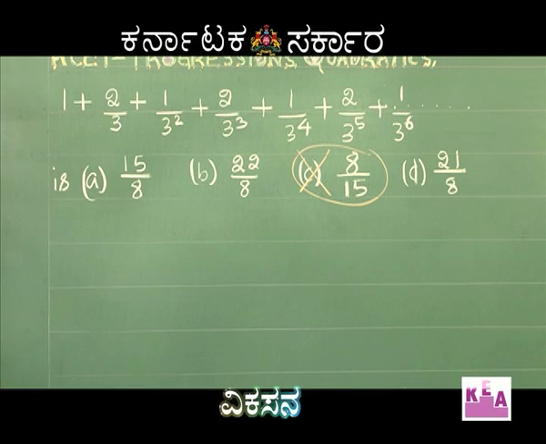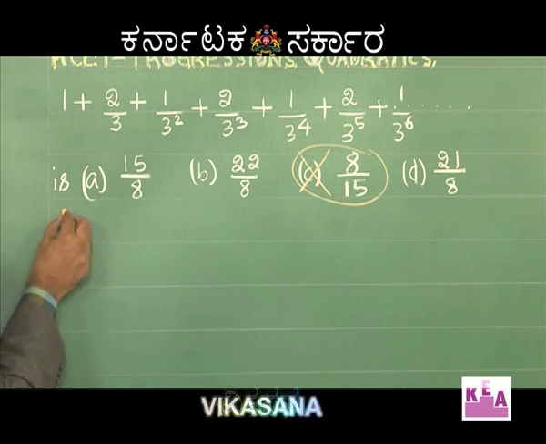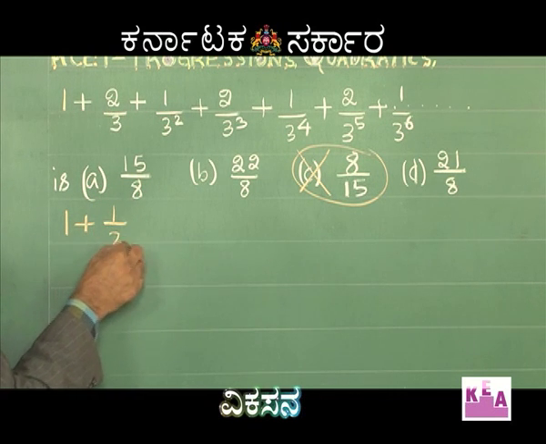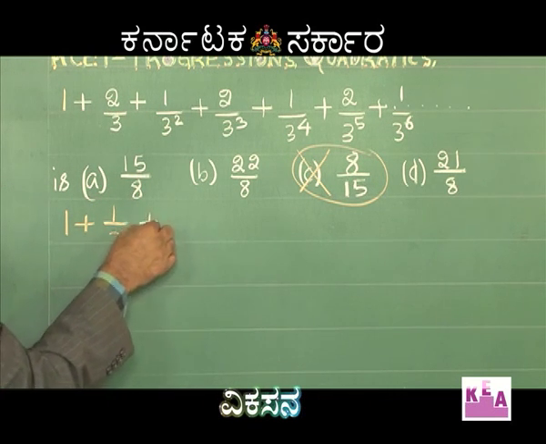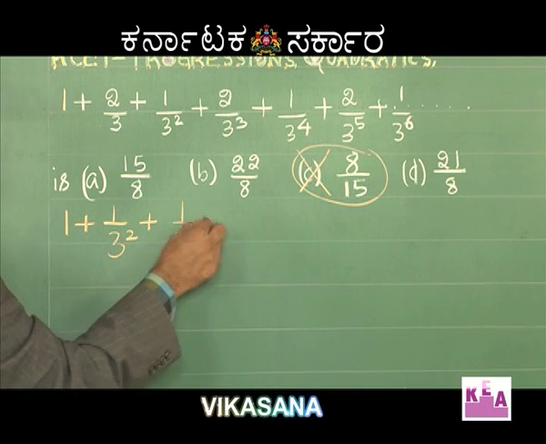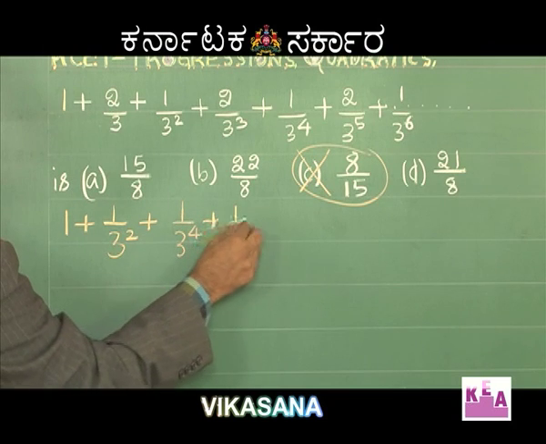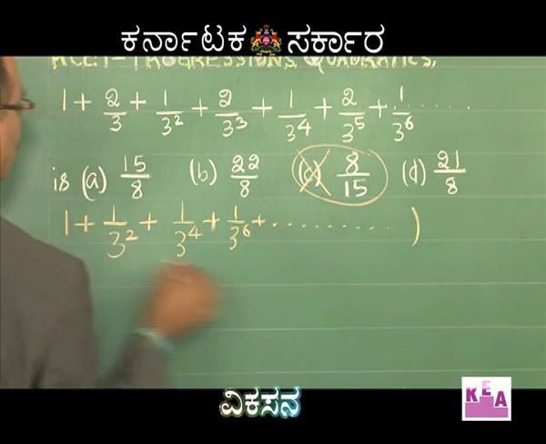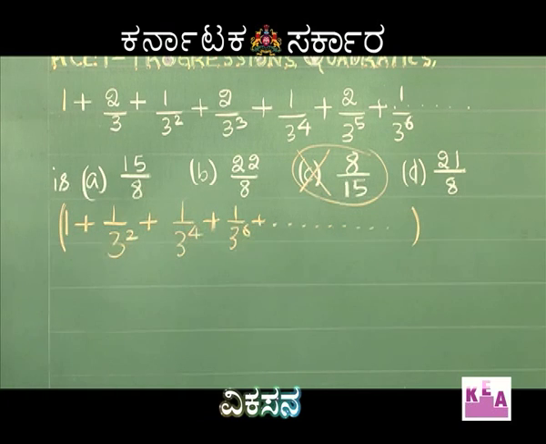First, let us use the concept of geometric progression and solve this. Let me rewrite the terms: 1 plus 1 by 3 square plus 1 by 3 power 4 plus 1 by 3 power 6. Have I missed out anything, dear students?